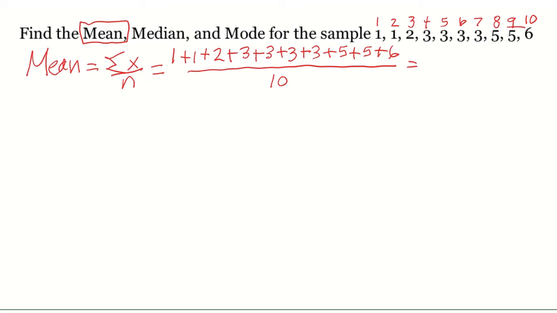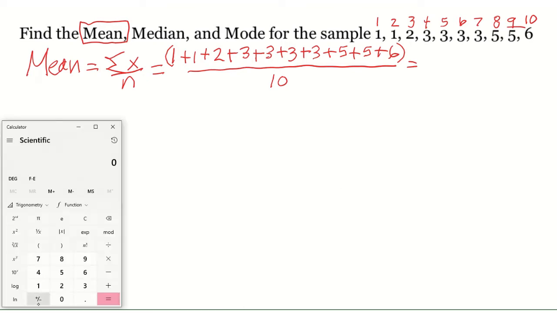So now I'm going to plug this into my scientific calculator. You want to remember, if you're using a calculator, to put parentheses around all of the terms of the numerator before you divide by the denominator. So let's go ahead and plug that into our calculator.